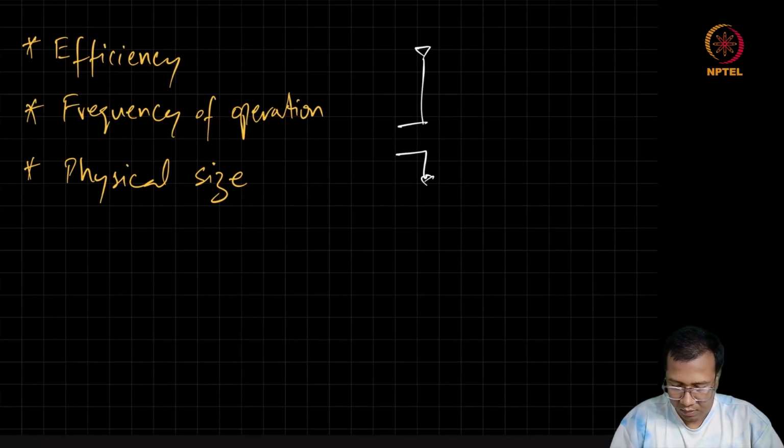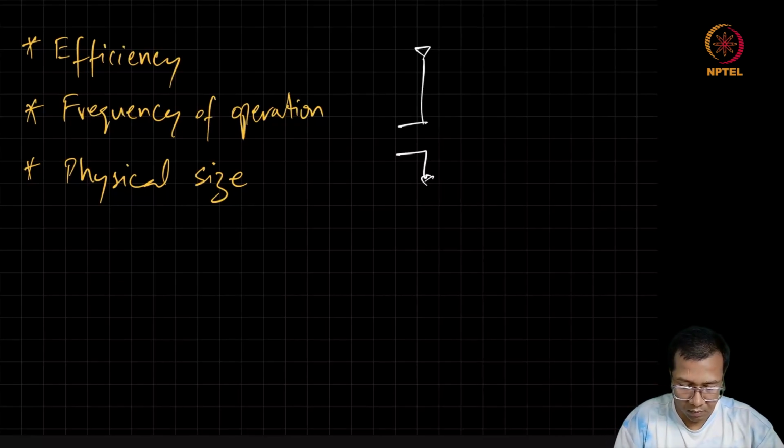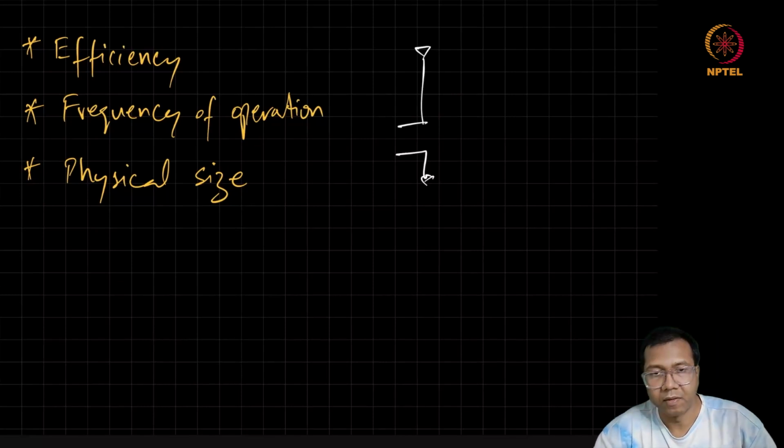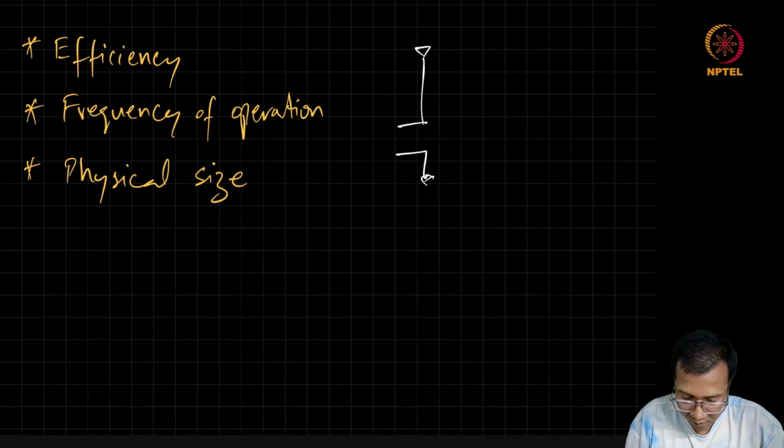So it just turns out that if we go for a standard design of an antenna, which can be a dipole or a monopole kind of antenna, you'll find that the three specifications which are written here are very tightly coupled. So let us just take an example, the dipole antenna.